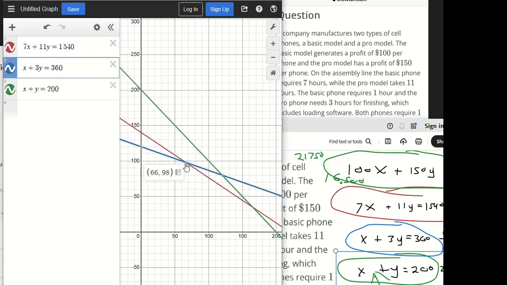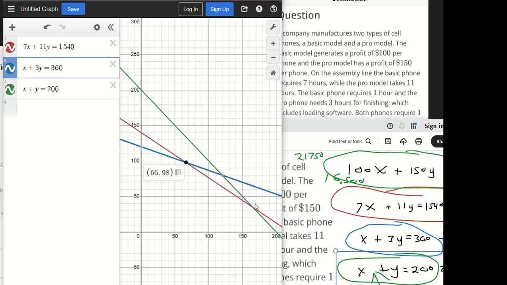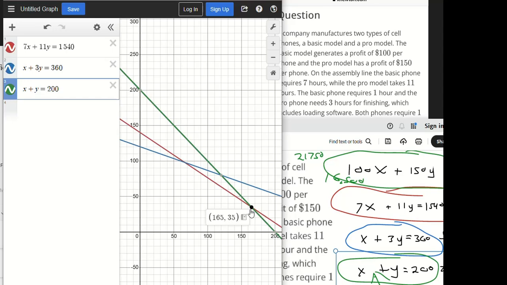And then this vertex here, where they cross, 66 times 100, 6,600. It's a little bit bigger down here, so it looks like the way to maximize your profit would be 165 basic phones and 35 premium phones.